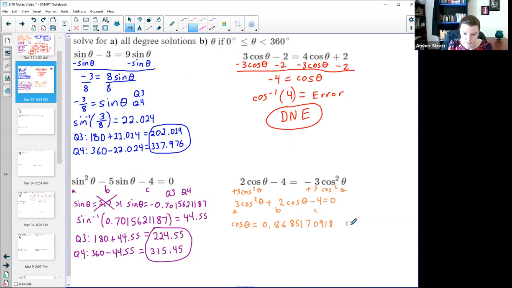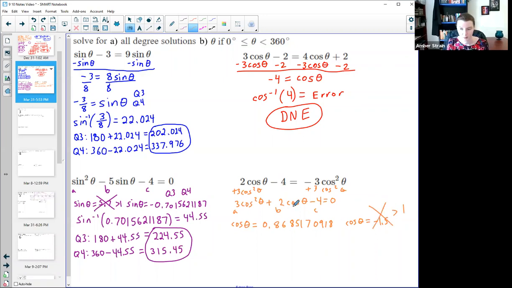But this next one, the cosine of theta, might also equal negative 1.5. That one's out. Remember, the absolute value is greater than 1, so it's out.